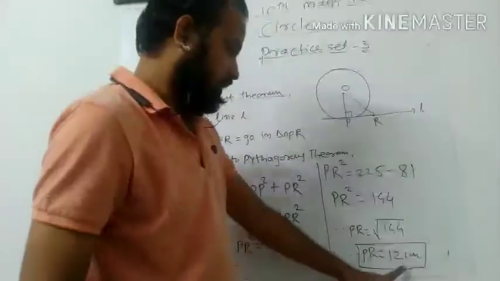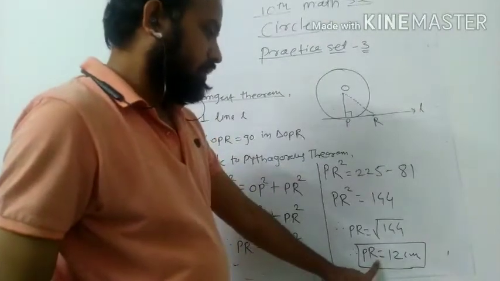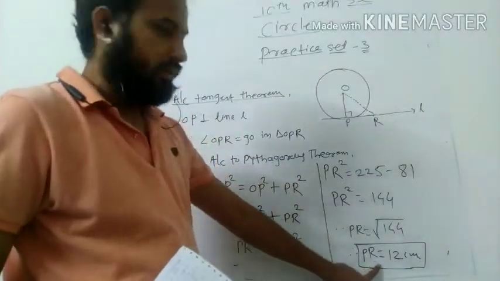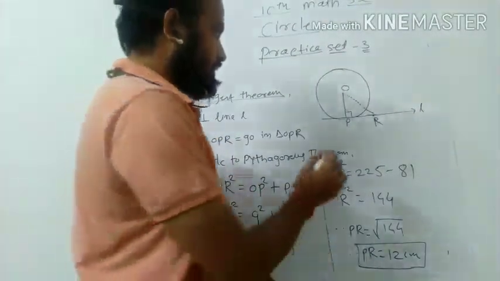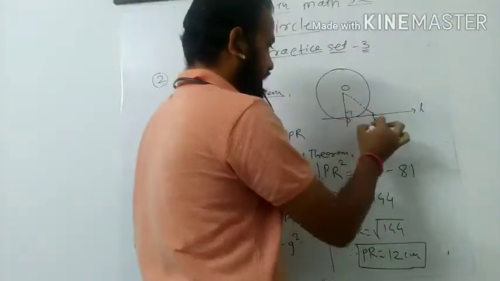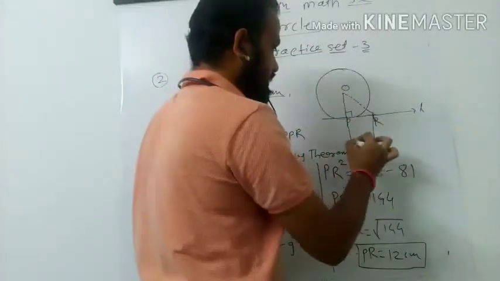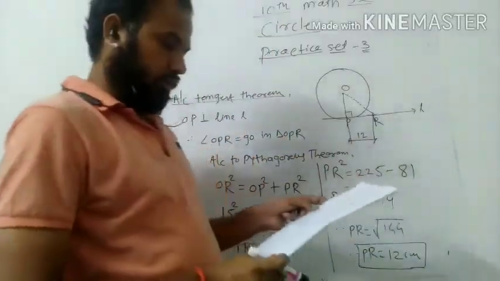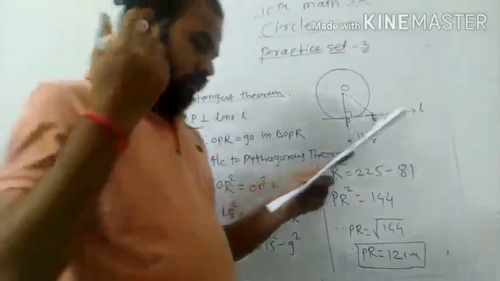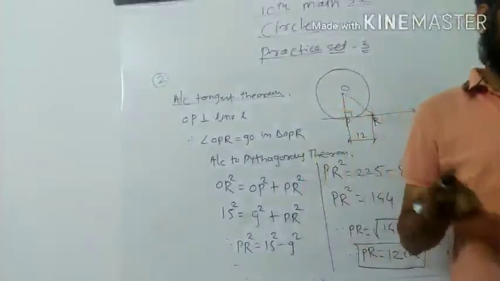So the distance from this point P to R is 12 centimeter. Now our question is how many locations of point R lie on the line.